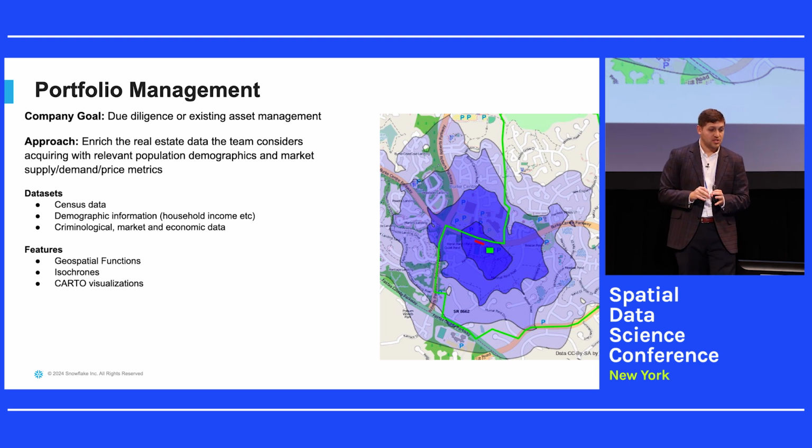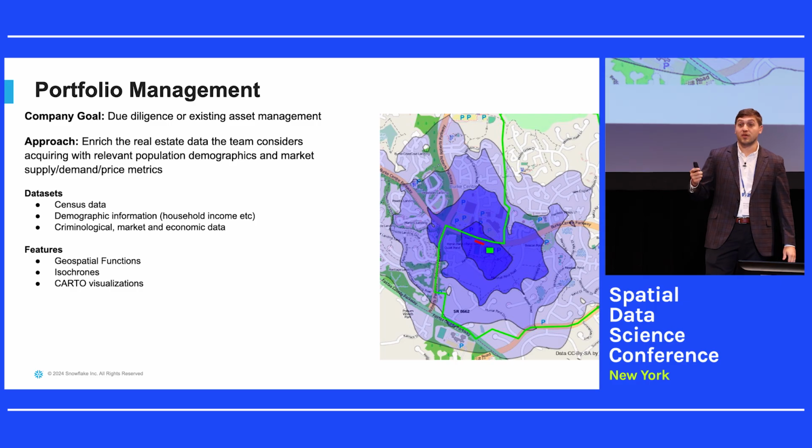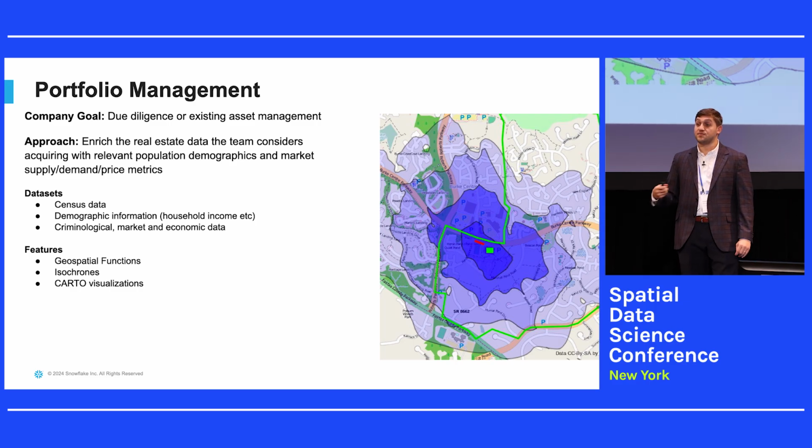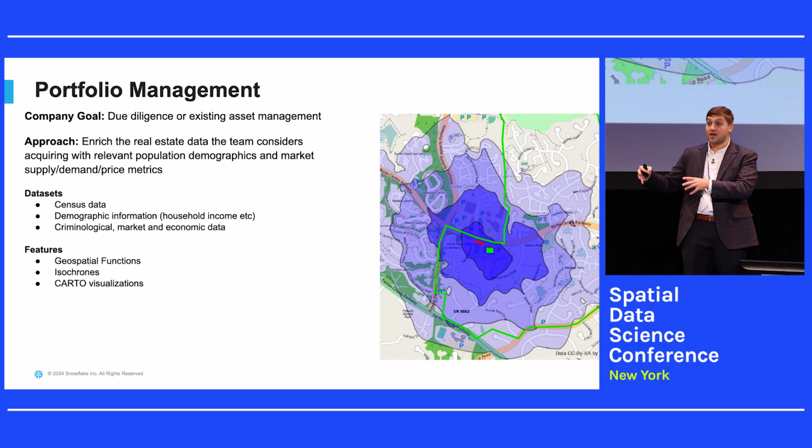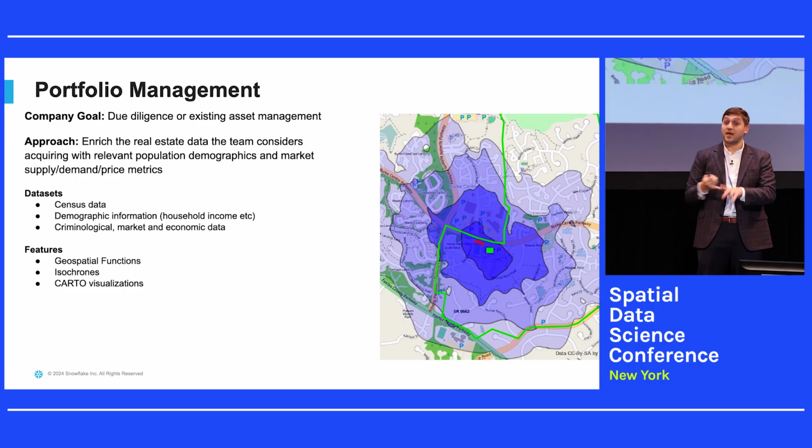And so that's where being able to leverage Snowflake functions around isochrones and things like that, to be able to do that analysis very natively and not needing to move your data into a very specific and siloed geospatial system to do that analysis. One, it makes it really easy, but two, you can blend lots of other traditional business data alongside it.